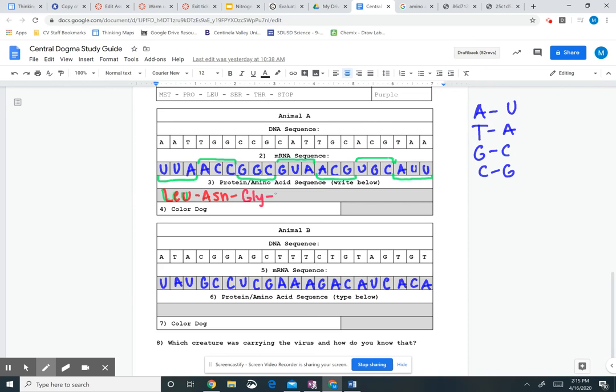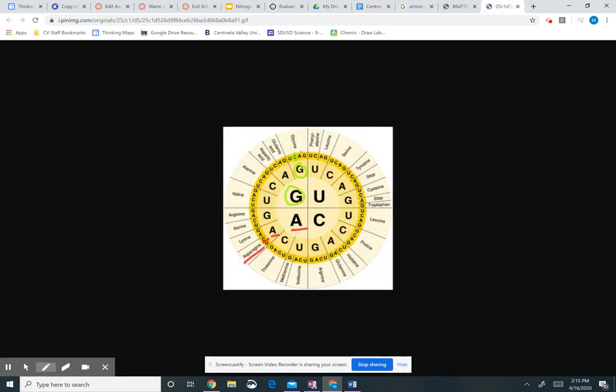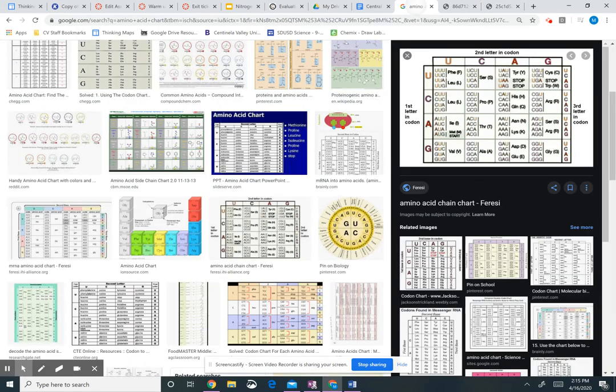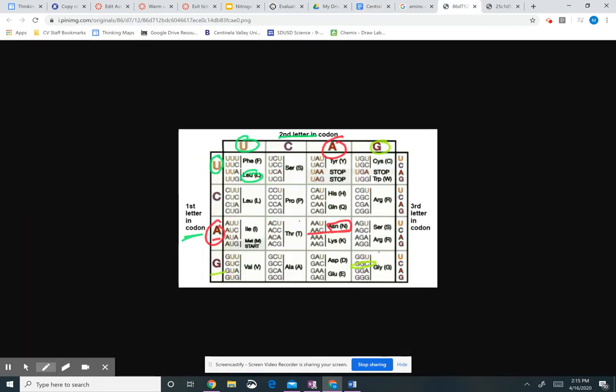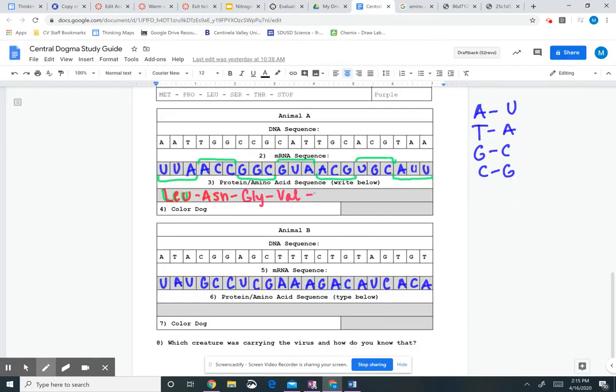So next, GUA. So I'm going to start using this chart. GUA is valine. So I'm going to write valine on there. Then I have ACG. So I have ACG, threonine, so THR.